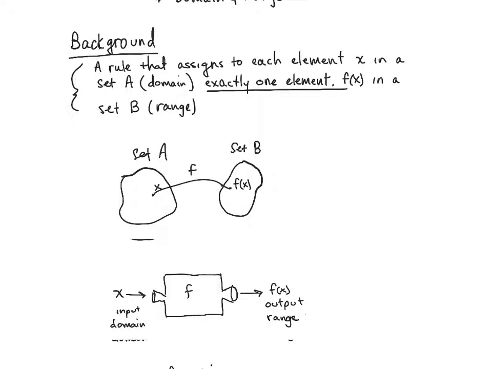And a couple other words for these: set A is the input or domain, the set of all possible inputs. And then range is the set of all possible outputs. Hopefully this is not new, but more of a quick review of some things that you may have heard at one time regarding functions.